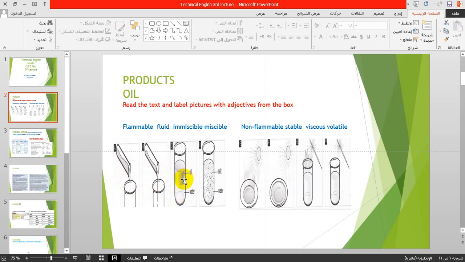Look, oil is here, water under. Okay, and number D is miscible, salt and water.